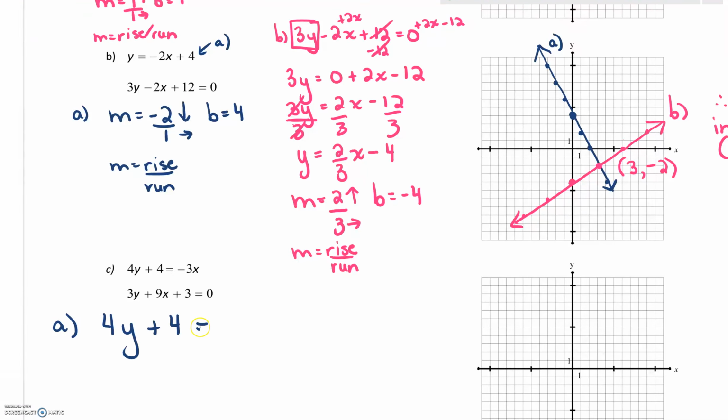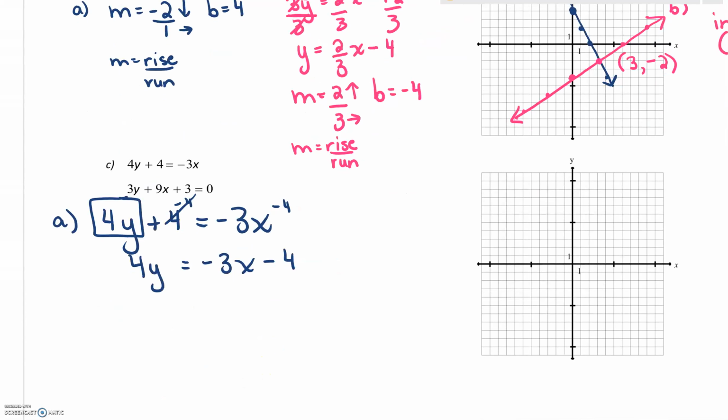So in order to have the y completely on its own, you need to make sure that you cancel out whatever is around it. So the plus 4 needs to go by doing minus 4 on each side. So that cancels that out, but it doesn't cancel it out on the right side. So we have negative 3x minus 4. At this point, we need to divide each term by 4.